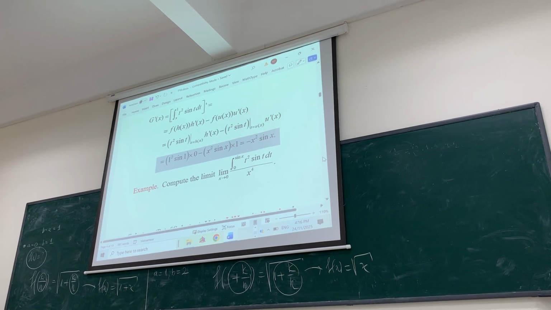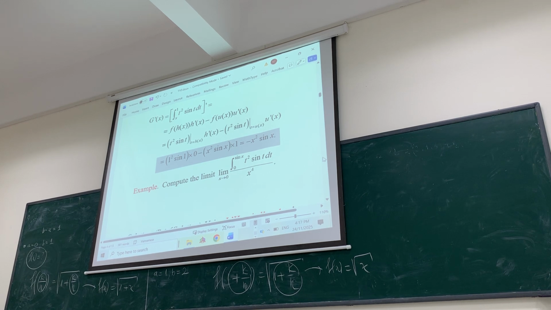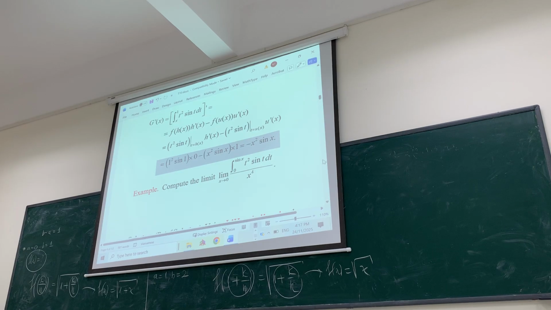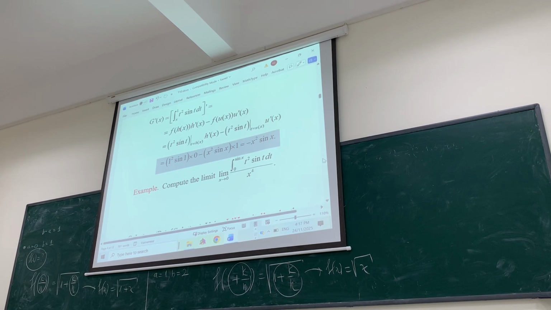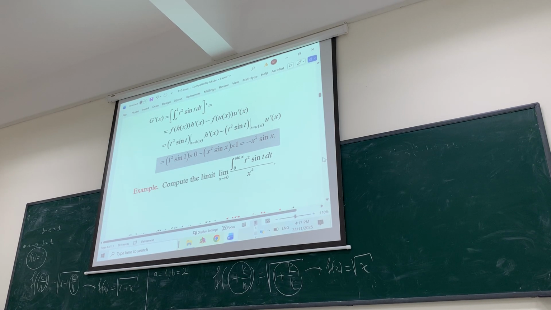In this example, we use the second fundamental theorem and L'Hôpital's rule to find the limit. Okay, I think it is easy to see the limit here belongs to the 0 over 0 form.